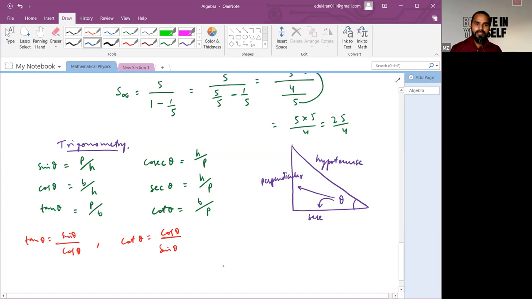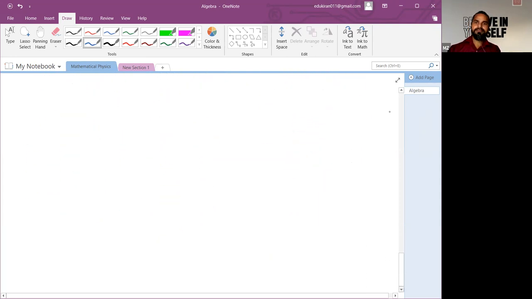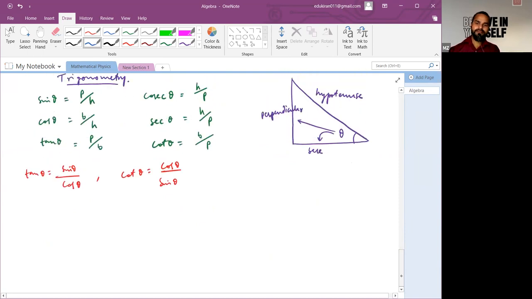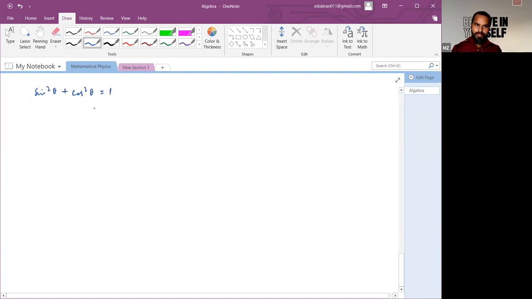Now, on the basis of which we have certain identities. First is sine square theta plus cos square theta is equal to 1.